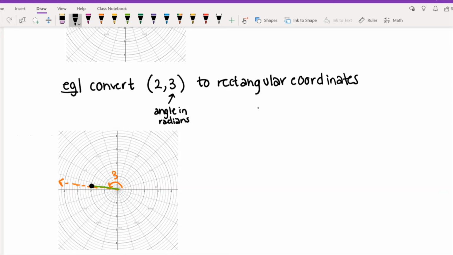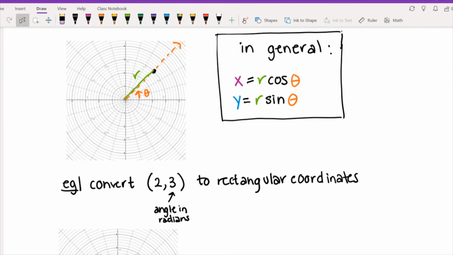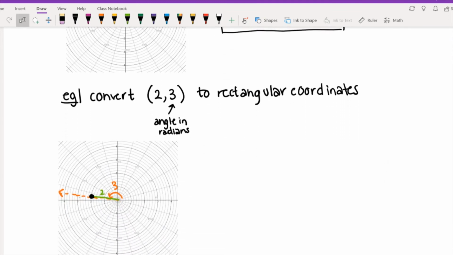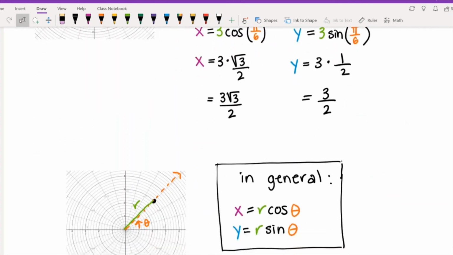So I'll put that on there. Basically you can just apply the formulas that we have here. It might seem a little strange because in the first example we saw a really clear right triangle, and in this one we don't.